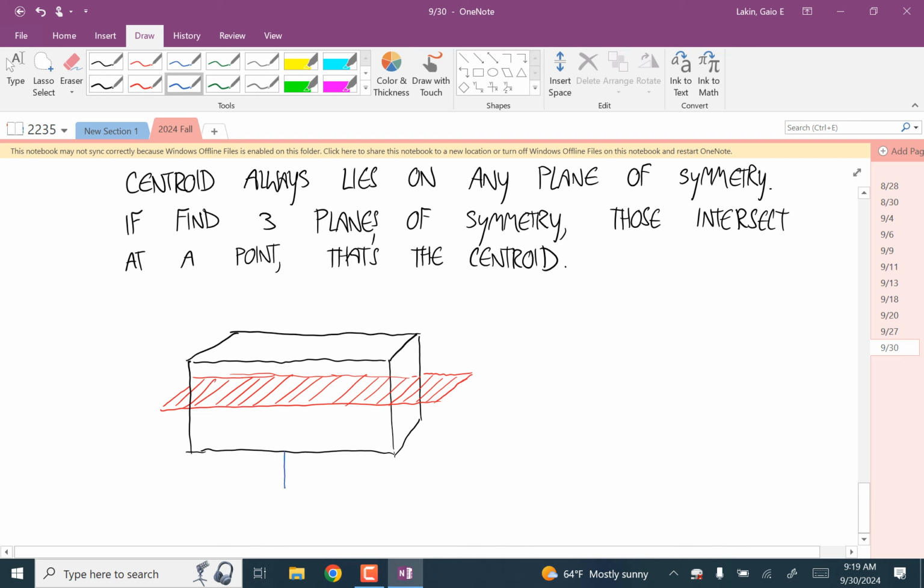One plane of symmetry like this. And one plane of symmetry like this. And those 3 planes intersect right at the center like that.